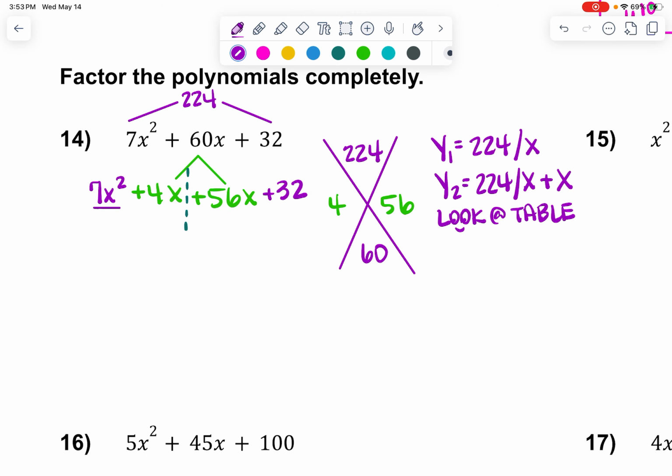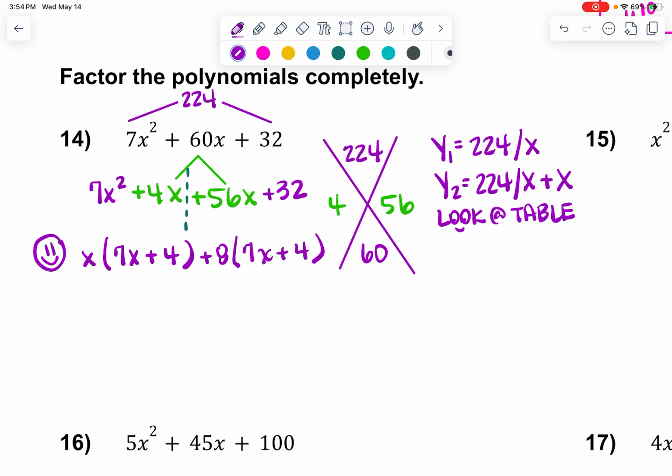All right, so the only thing that 7x squared and 4x have in common is an x. So if I take out an x from each one of those terms, or divide out an x, remember, we're dividing an x when we take out that GCF. And over here, it looks like 56x and 32. It looks like the only thing they have in common as a GCF is +8. And if I divide an 8 out of 56 and 32, I'm going to get 7x plus 4, which makes me very happy.